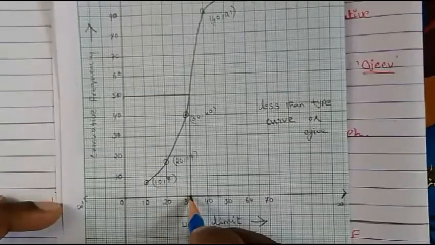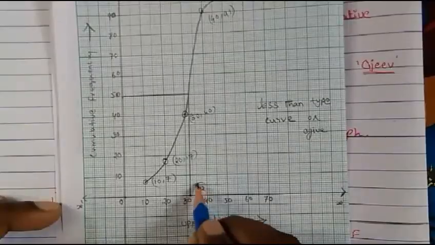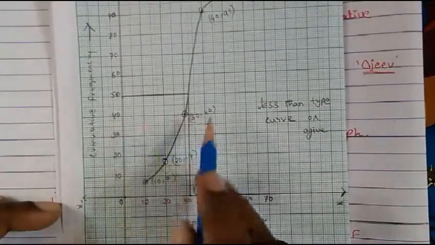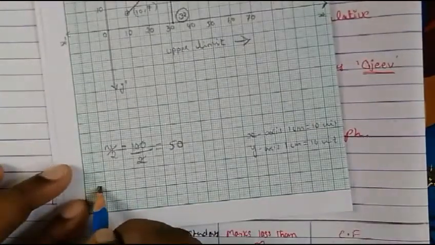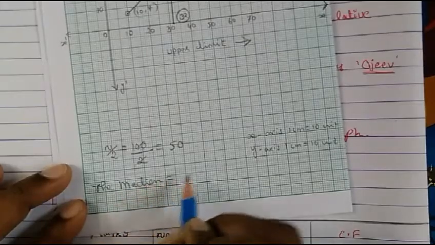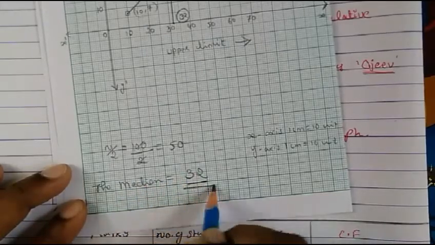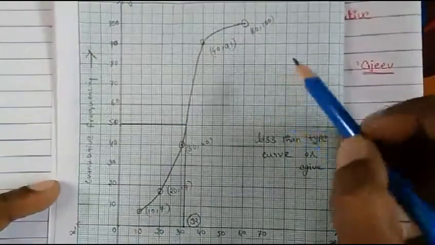Where it is touching the x-axis, see, this is 30, 31, this is 32. Okay, so this is the median. So the median is 32. Normally we will get the answer only approximately, because we are drawing this graph with free hand, so we will not get it accurately.